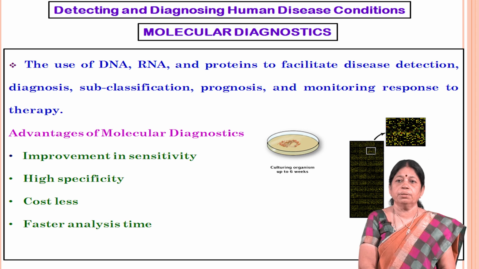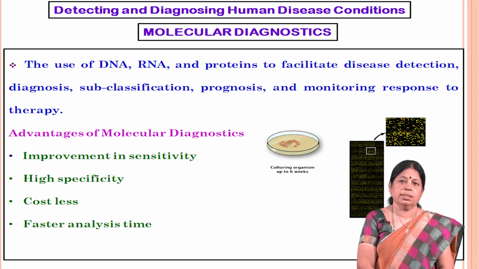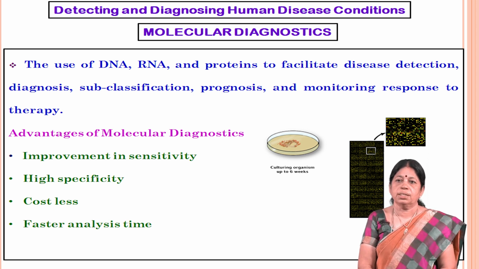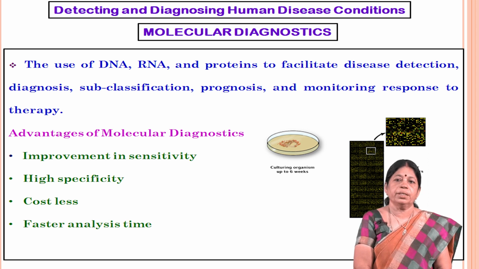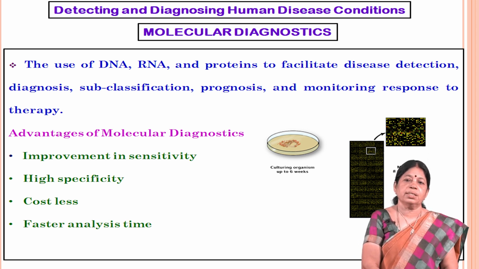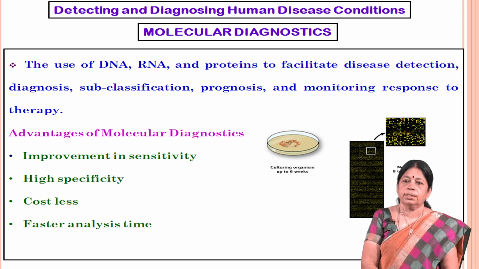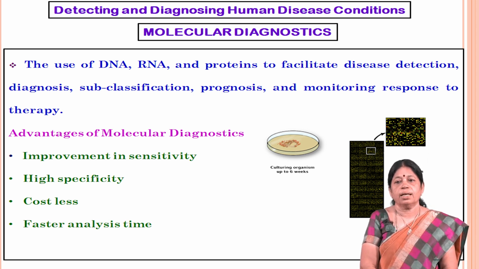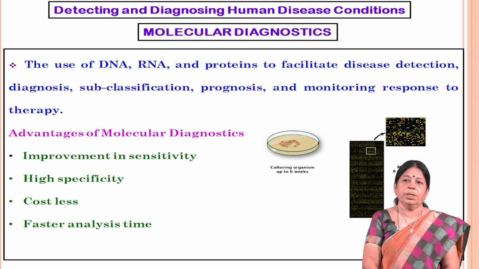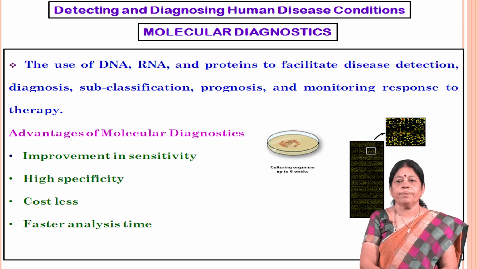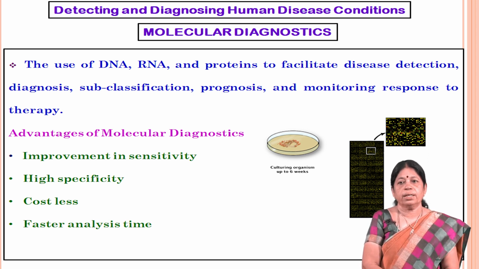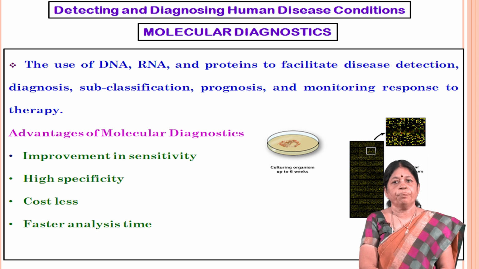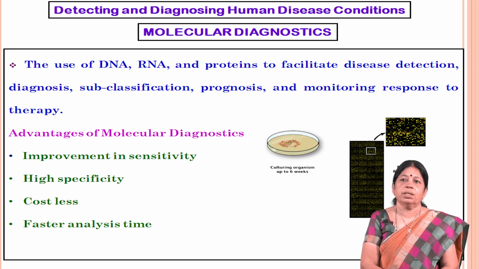In turn, they are very important for protein synthesis. So the one gene, one enzyme hypothesis is applied because of the high specificity. Also this therapy is costless, and there is faster analysis, because they take a very short time to analyze the disease. So for the diagnostic purposes of various diseases, we can go for biotechnology.